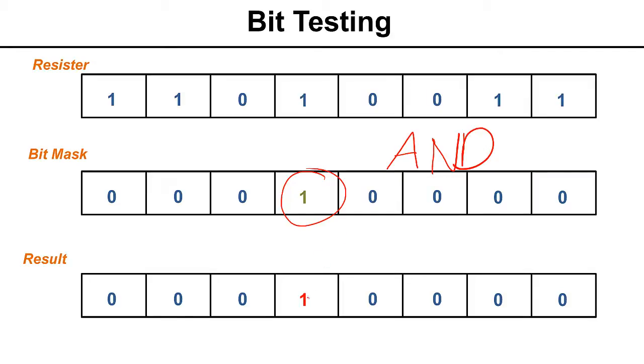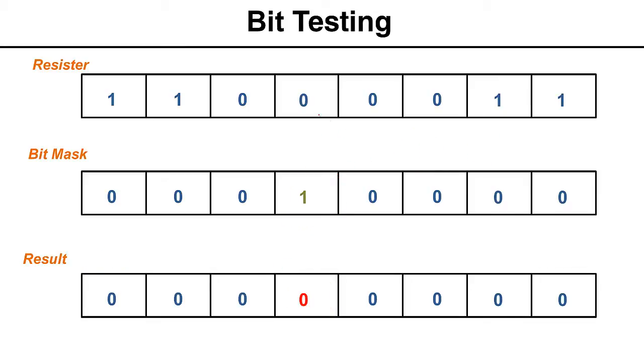If the bit is set, you'll end up with all zeros everywhere else except in the placeholder where your original bit you were checking. Because remember, with AND, we need a 1 here for the original numbers to pass through. All right? And then simply ask, is the result greater than 0? All right? It's as simple as that.